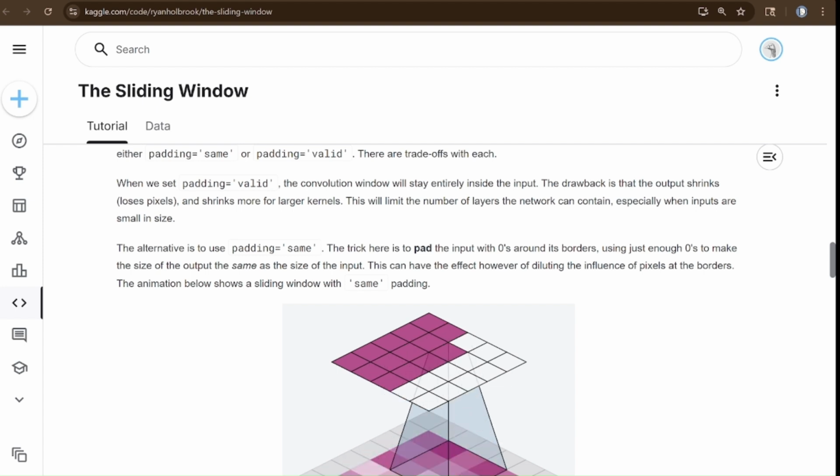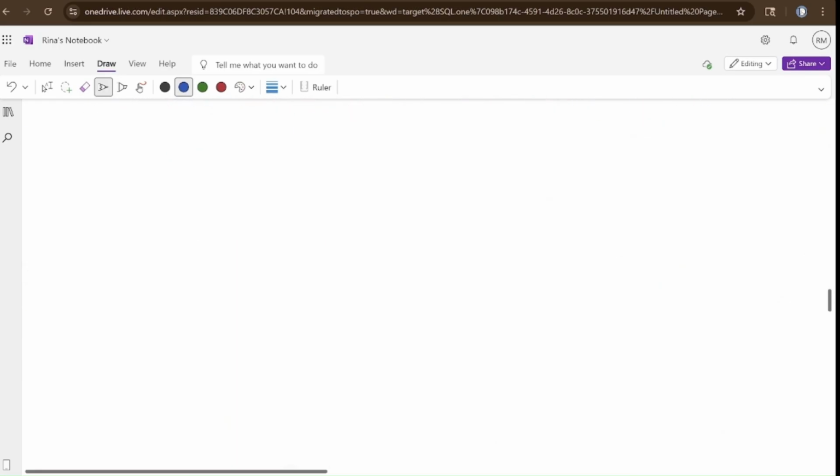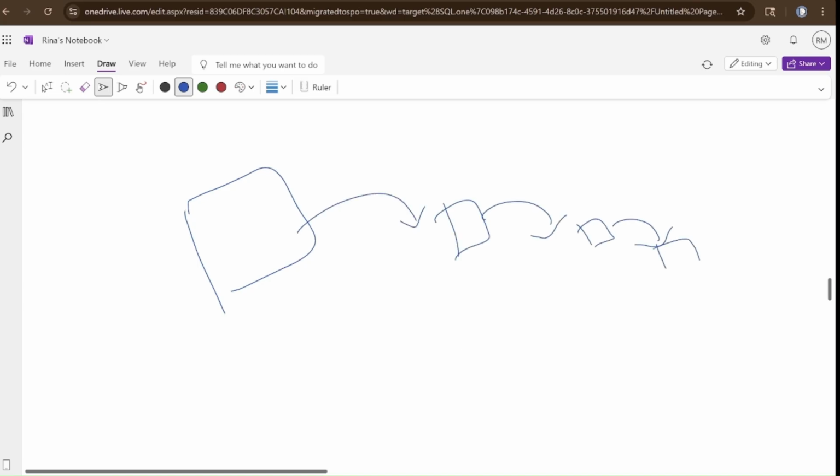That will be a limit for you, especially when inputs are small in size. They want to say that if your input is already small and every time you are reducing like this, you have to put a limit on the number of layers. Okay, that's what they have said.